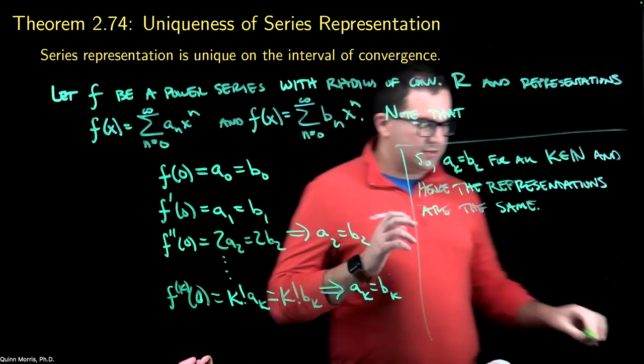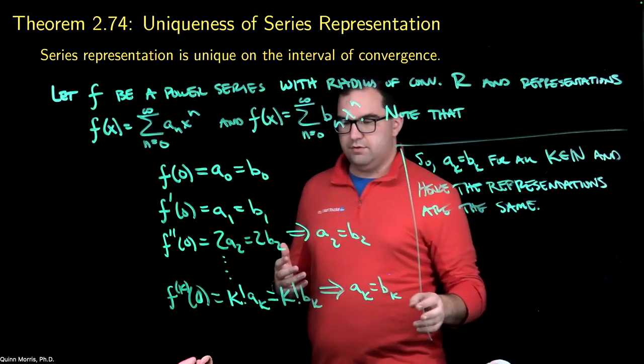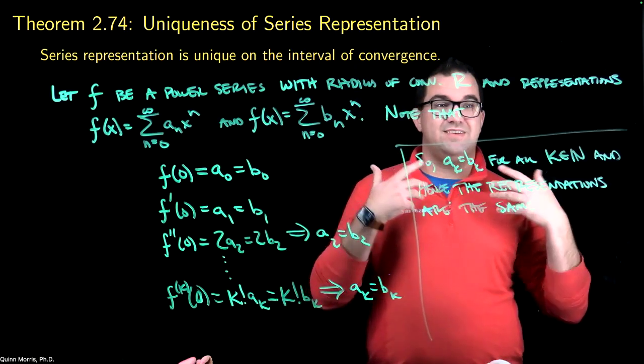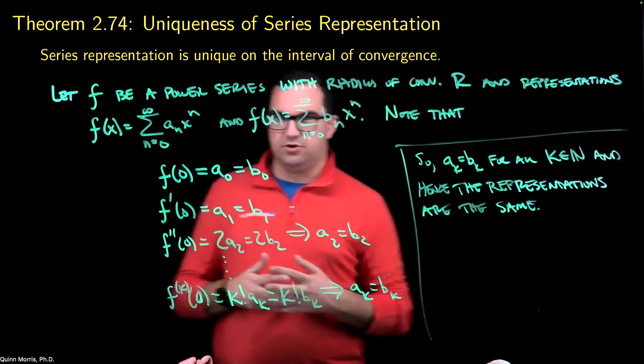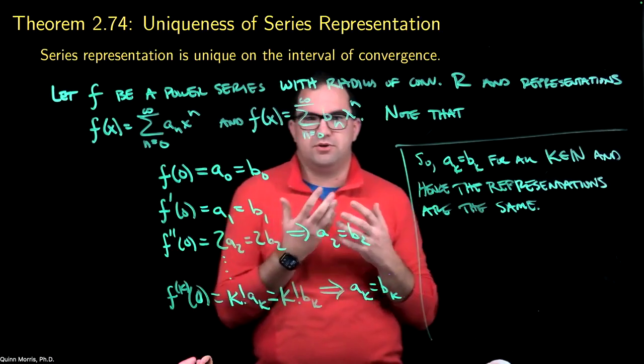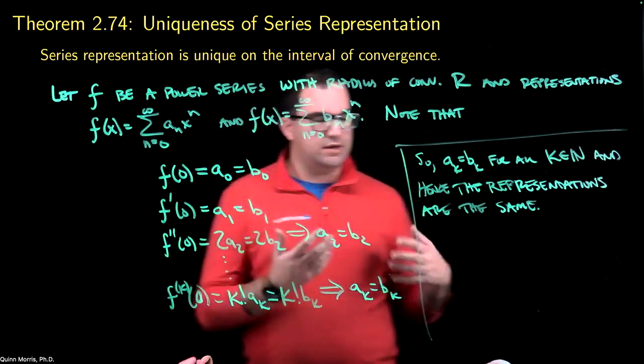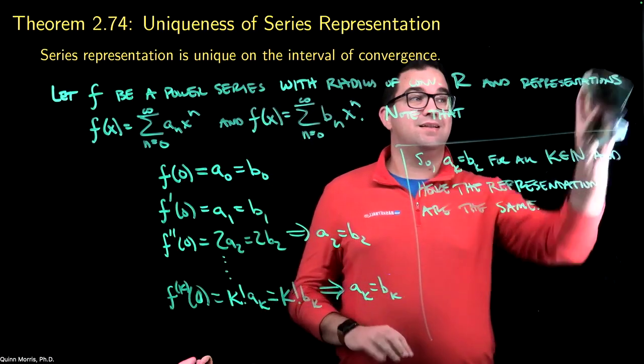Now, this actually turns out to be really important to the notion of Taylor series. And so that's the last thing we want to get to: what is all of this stuff? We've just been talking about power series, but what does this have to do with Taylor series?